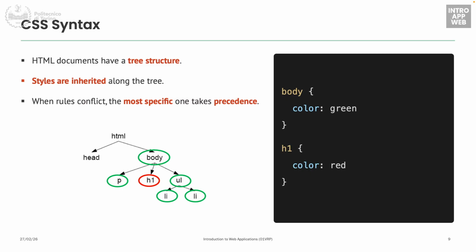That all of the elements within that tree structure below the body will have the text in green. Then I created a new rule in which I said, but I want the H1 to be red. So what happens there? The more specific one is the one that prevails. So all of the elements will take the green color, but the one for which I defined a specific style, that is the H1, will take the red color. Okay?